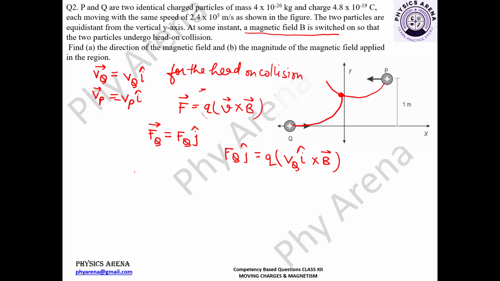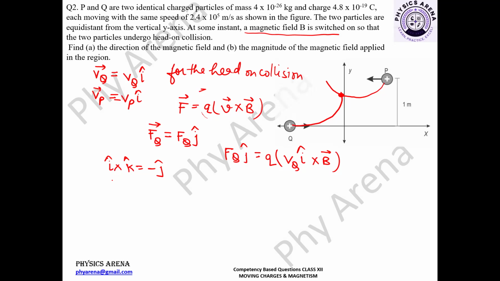So some unit vector must be multiplied by I cap that will give us J cap. We know that I cap cross K cap is equal to minus J cap. But here we are getting J cap. So the direction of magnetic field B has to be along minus K cap.